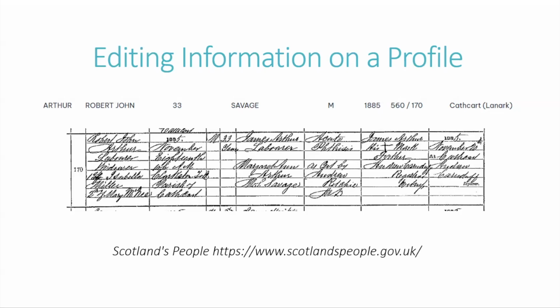But I then thought, quite often an S can kind of disappear. So I put in Robert John Arthur, because one of the great things about Scottish records is that there's a lot of additional information about the family that you can search on.